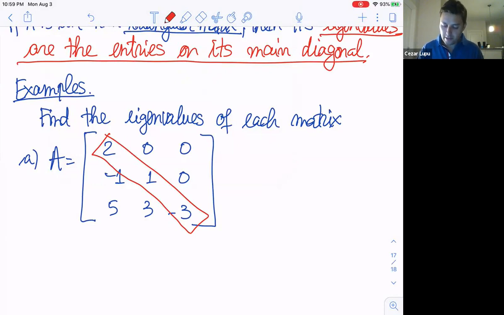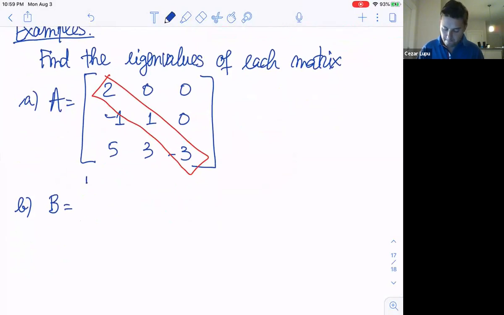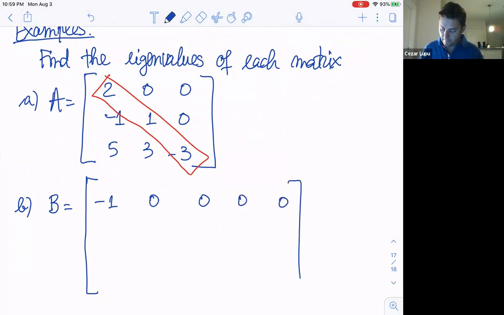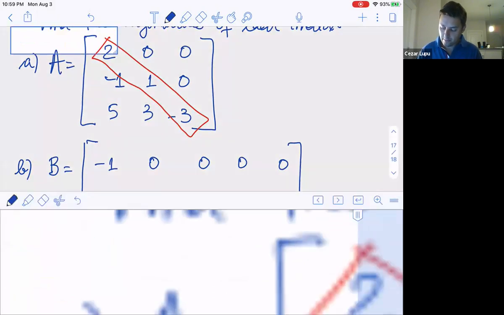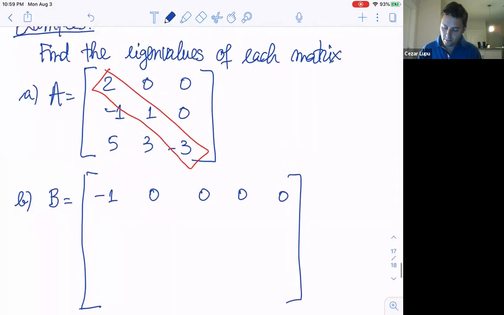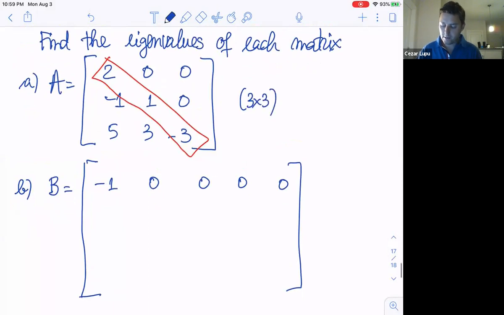And now let's see another example. Let's consider this matrix B, and let me take a big one. Let's say negative 1, 0, 0, 0, 0. Okay, so it's a 5 by 5. This is a 3 by 3, this is a 5 by 5.